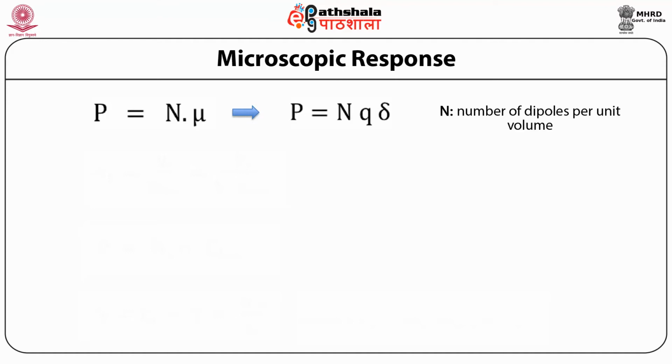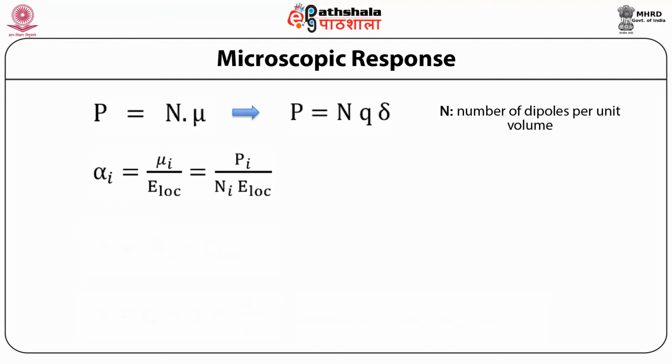Further, the polarizability of an ion or atom in a dipole of type i is defined by alpha i equal to mu i divided by E local, which is equal to P i divided by N i into E local, where E local is the local electric field experienced by an atom, ion or molecule, which can be different from the applied field.